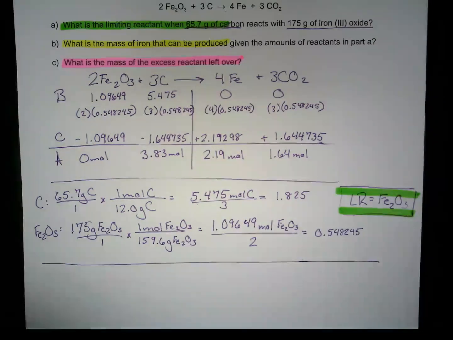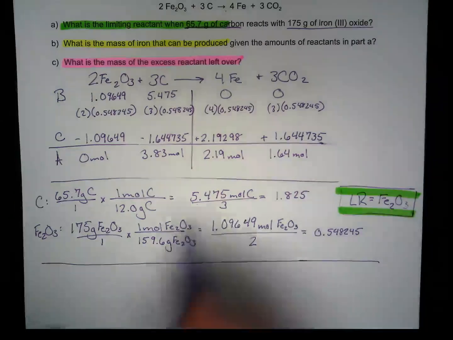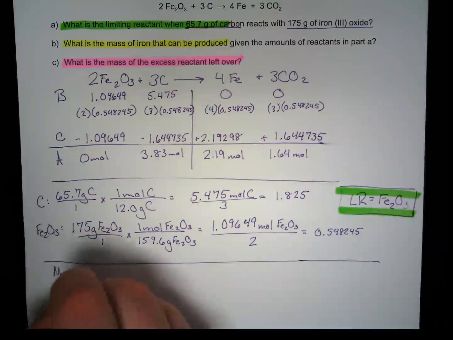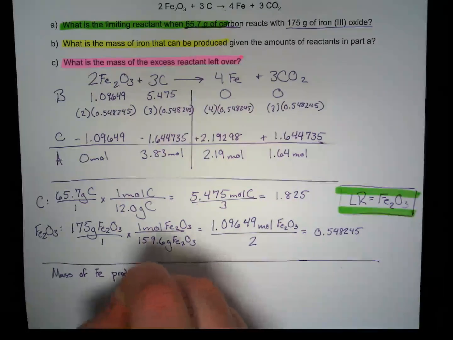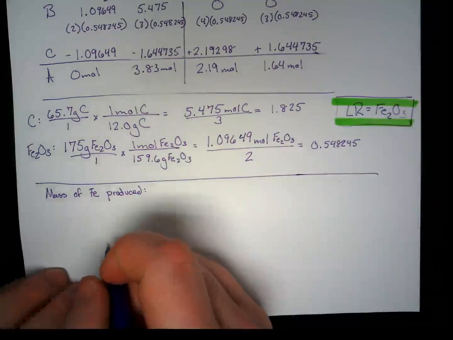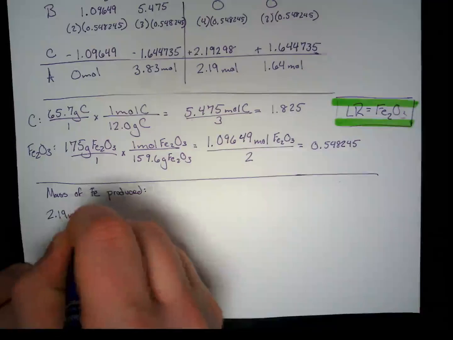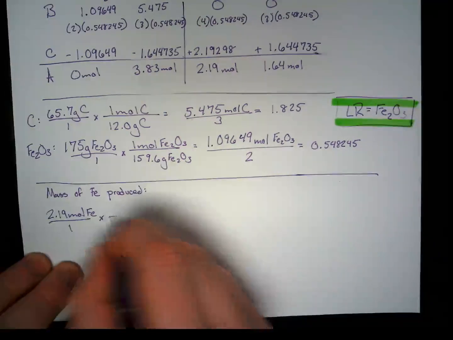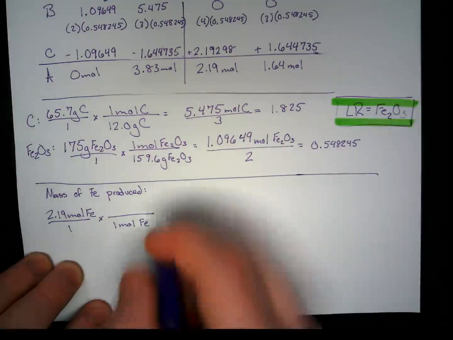What's the mass of the iron that we expect to be produced? So we're going to take this and convert moles of iron into mass of iron produced. It'll be 2.19 moles of iron, and we want to convert moles to grams.